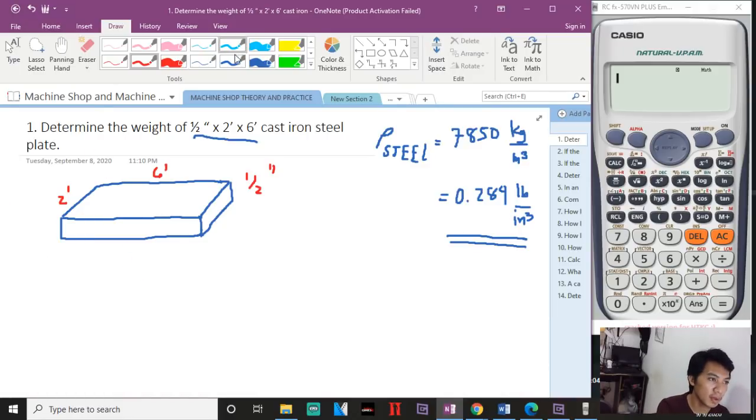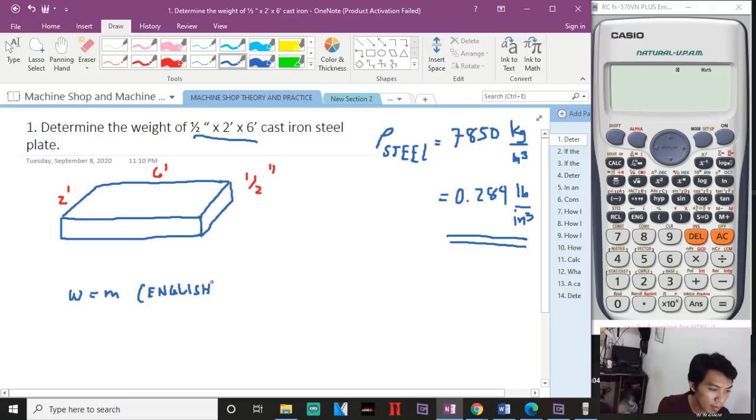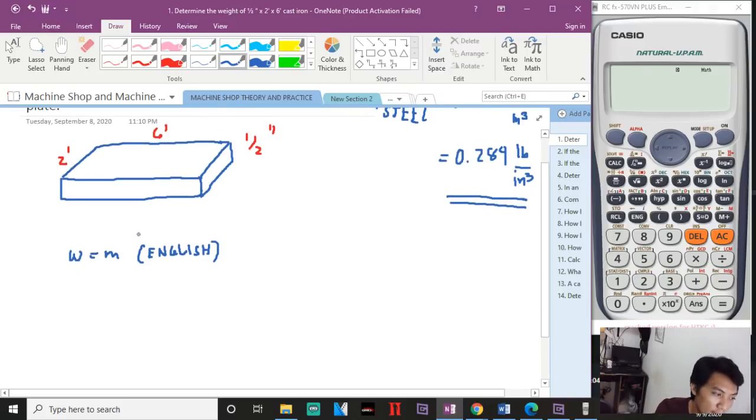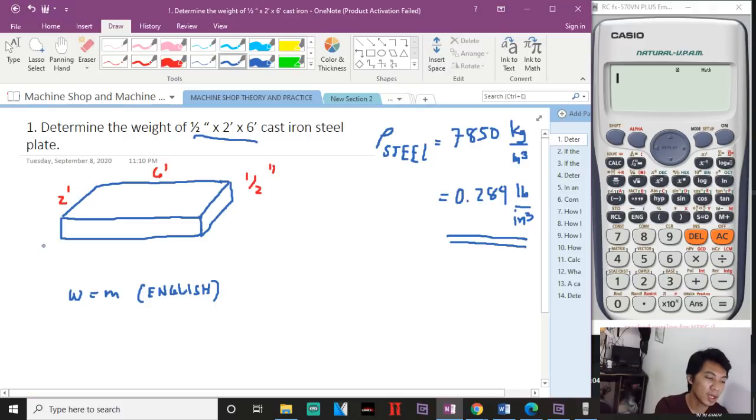Now, for the weight of your material, weight is equal to mass kapag English. Sa value lang, pero sa magnitude magkaiba. So, all we have to do is to remember that density is equal to mass over volume, or weight over volume kapag English. Hinahanap natin si weight, so density times volume.